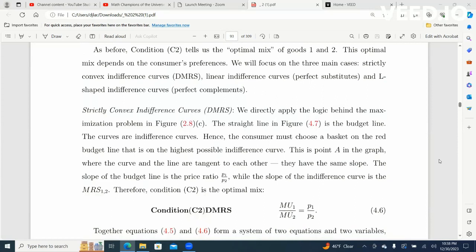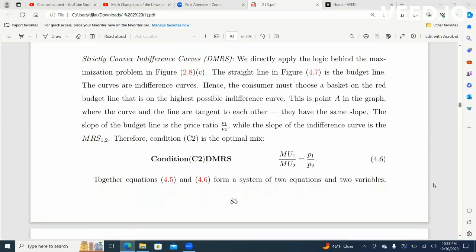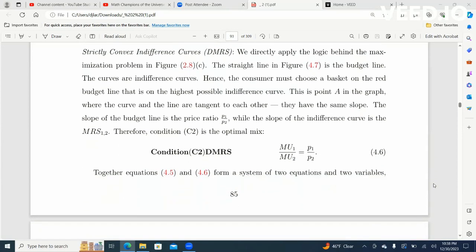Yep, they talk about that optimal mix of good one, good two. So we go into situation one, strictly convex indifference curves. The diminishing marginal rate of substitution is what that's going to be, but it's going to be the Cobb-Douglas.